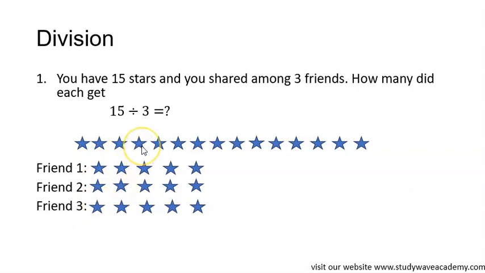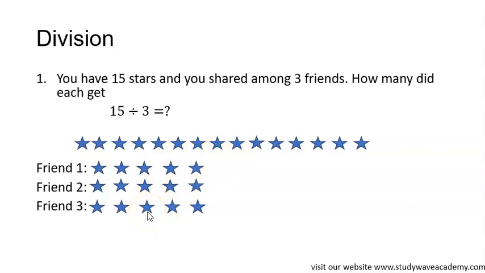So you give again. You give 1 star to your first friend again, another one to your second friend, and another one to your third friend. You still have some left, right? So you give again, one star to each friend.